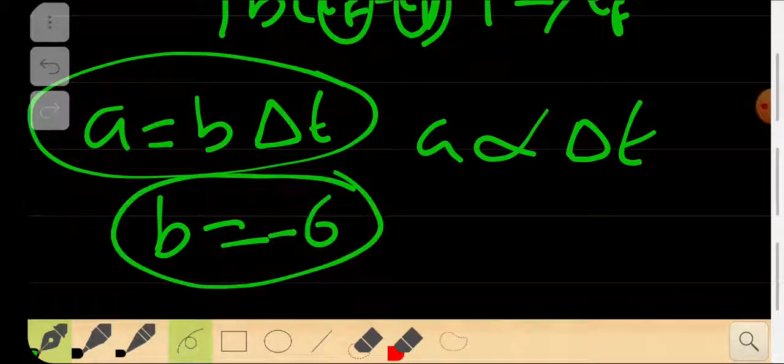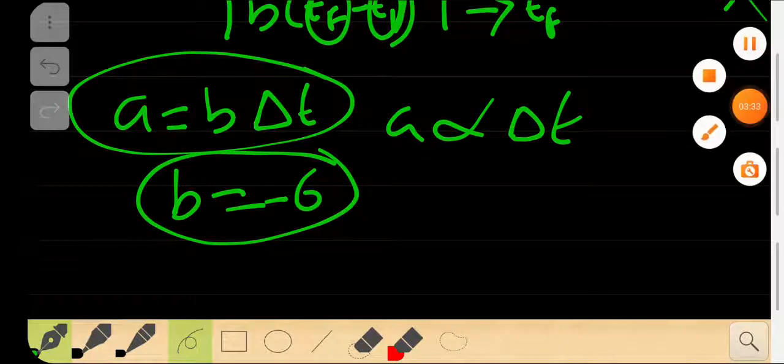That's why there is a minus sign. That's the question as it is given.